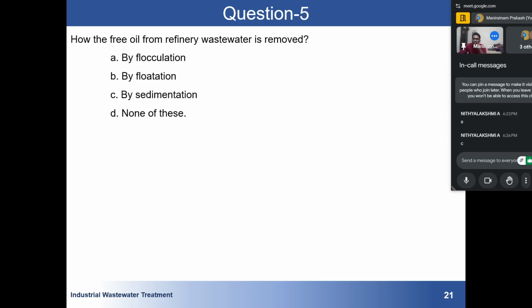Question number 5. How is the free oil from refinery wastewater removed?